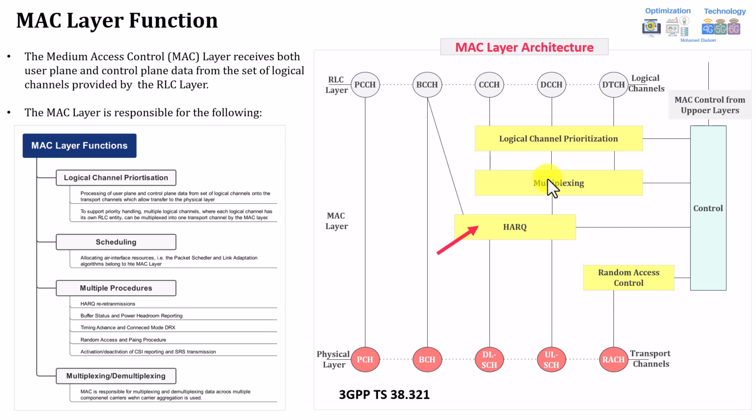The second one is about multiplexing and demultiplexing, and as written in the bottom left here, it's more about multiplexing data across multiple components. For example, in terms of carrier aggregation, carrier aggregation is mainly handled by the MAC layer. It's almost transparent to the other layers. So this is one of the main functionalities as well. Also, there are multiple other procedures, as you can see here, related to hybrid transmission, timing advance, random access, and so on.